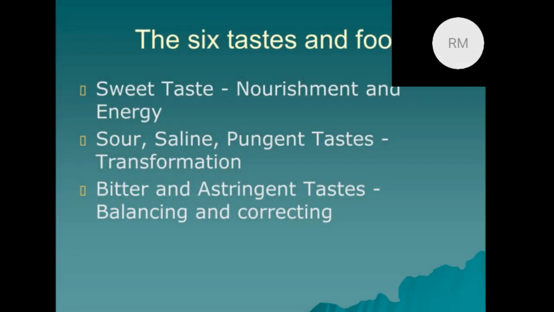So, the 6 tastes in food. Usually substances which taste sweet serve 2 purposes. They either give nourishment for the structures, or they provide energy. So nourishment, structural and functional nourishment, is the function of the sweet taste.